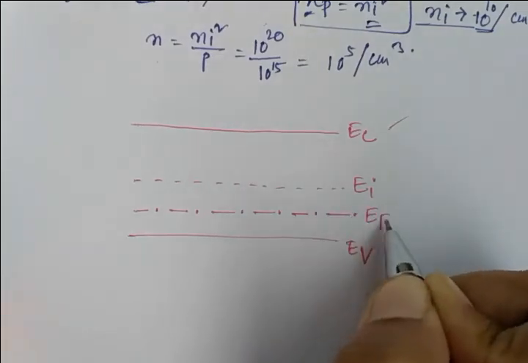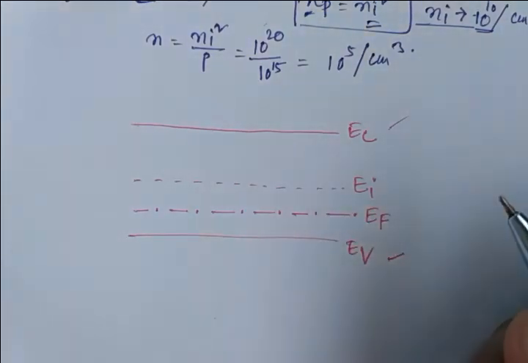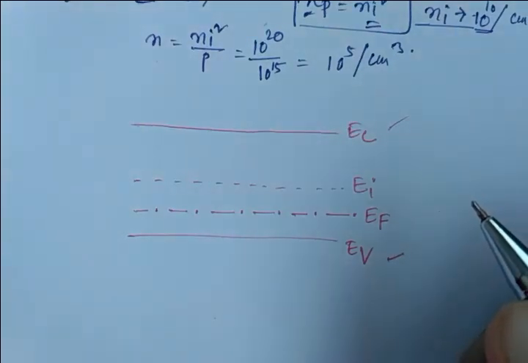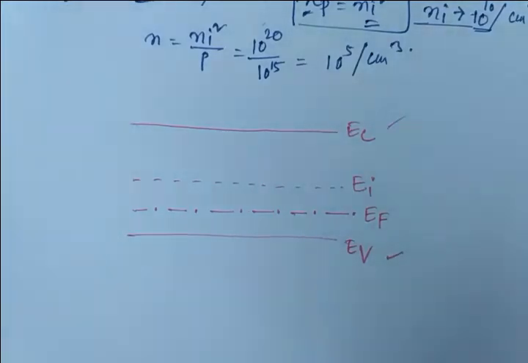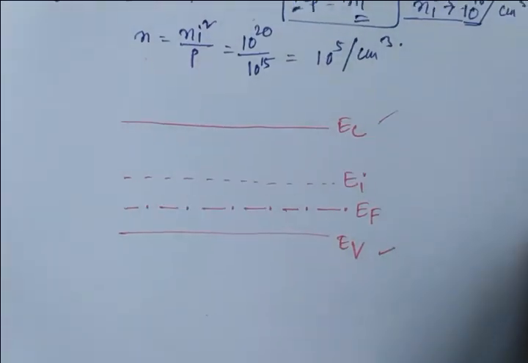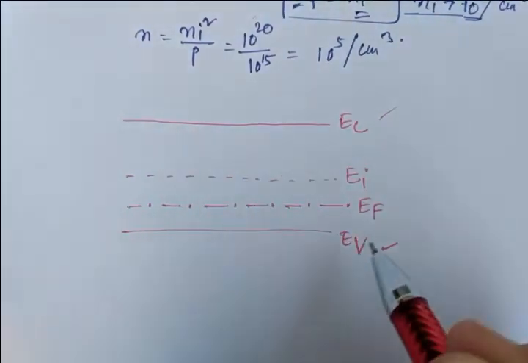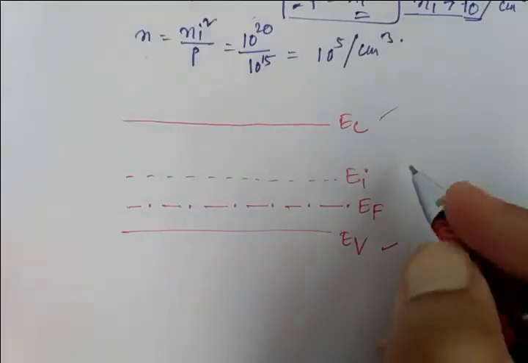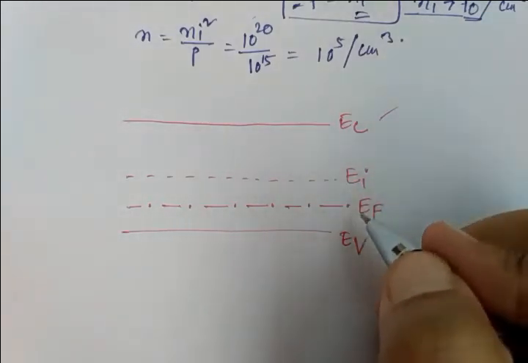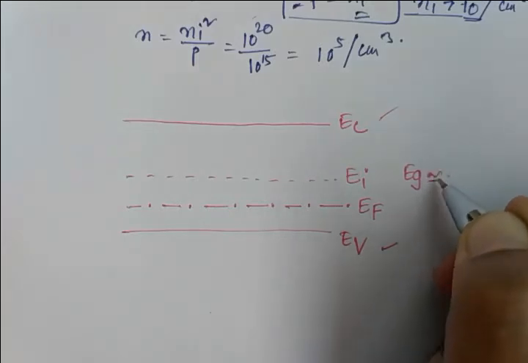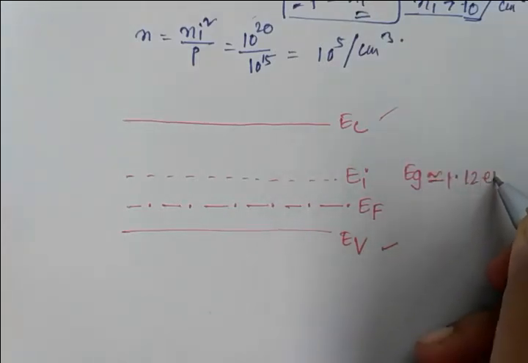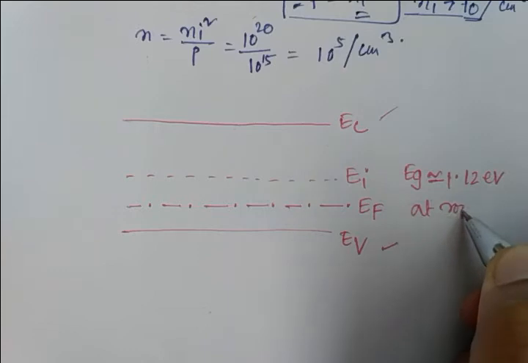And this is your EF, because we are discussing the p-type doped semiconductor, for an n-channel device. But if it is the opposite, if it is an n-type doped semiconductor, it will be in the upper portion, near the conduction band. And the band gap energy of this semiconductor is nearly equal to 1.12 electron volt at room temperature.